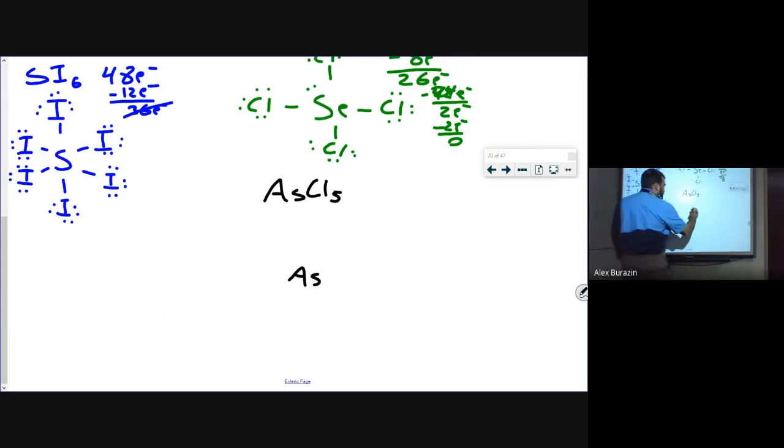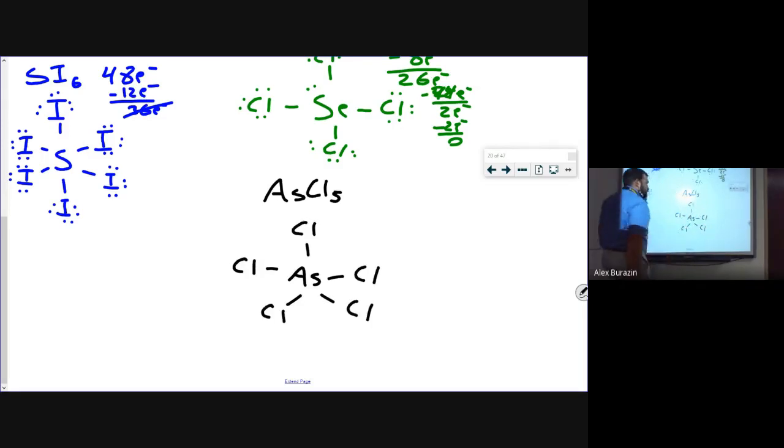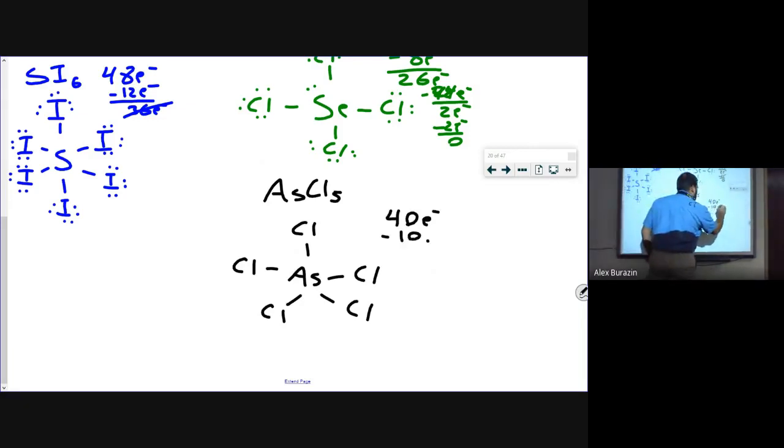I have 5 chlorines around the outside. That took 10 electrons. I'm sorry, I didn't even get my electron count. Bad teacher. All right. Arsenic has 5. Each chlorine has 7. So 7 times 5 is 35, plus another 5 is 40. I've used 10.